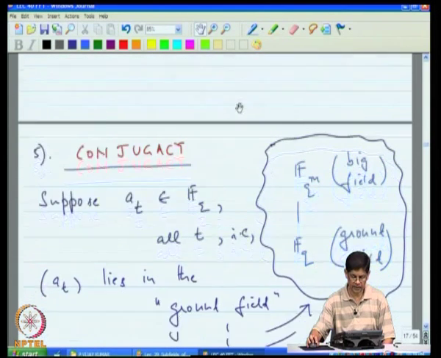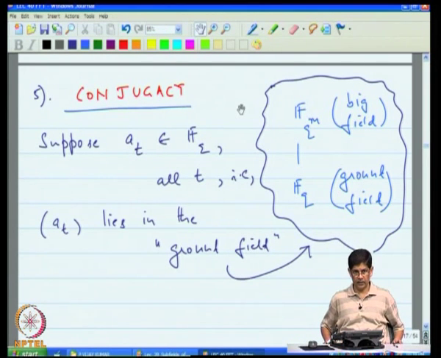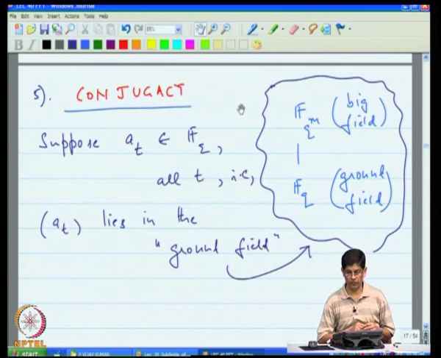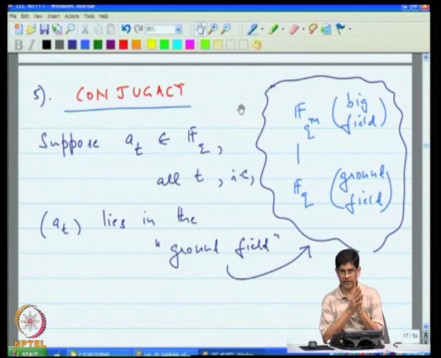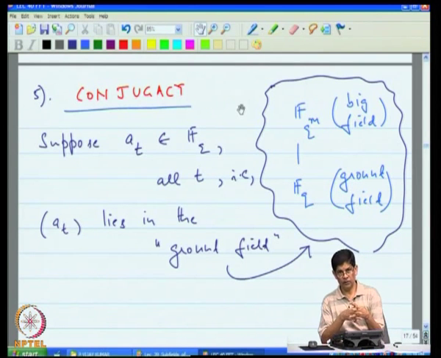Then there is another property, that of conjugacy. Now, conjugacy is really something that you already encountered before in connection with the discrete Fourier transform, except that it looks a little different. Basically what conjugacy is saying is that, when you take the discrete Fourier transform, you can take the transform of complex signals just as easily as you can take the transform of a real signal, because even though your signal may be real, the discrete Fourier transform will be a complex waveform.